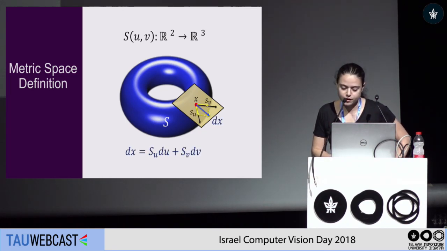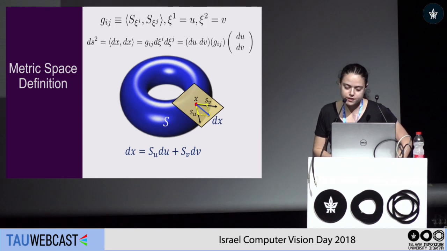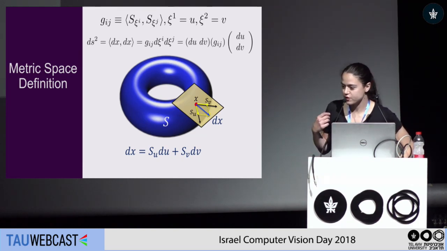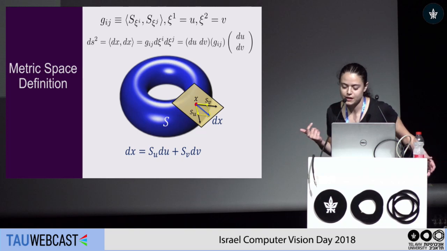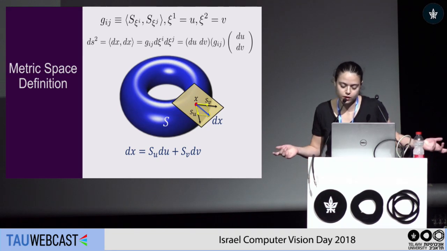And with the metric tensor, if we have some displacement vector from the original point and we want to measure the infinitesimal length associated with this vector, we can use the metric tensor G. And finally, if we have some global trajectory on the surface, we can integrate all the infinitesimal lengths and calculate the global length of each trajectory, so we can calculate basically any distance on the surface using the metric tensor.